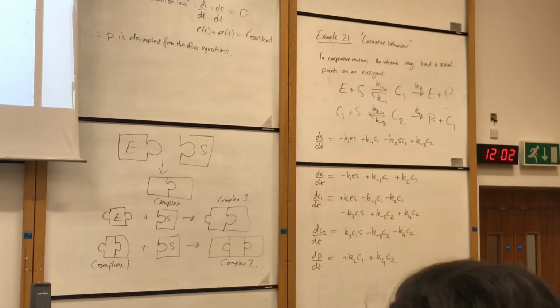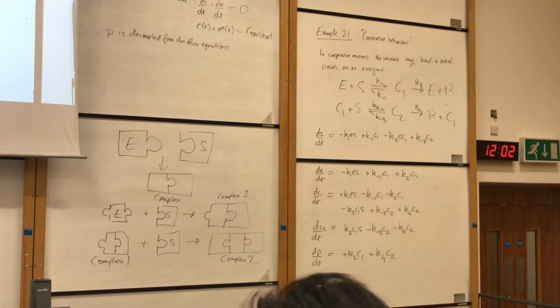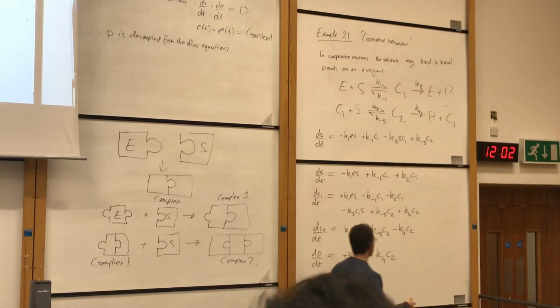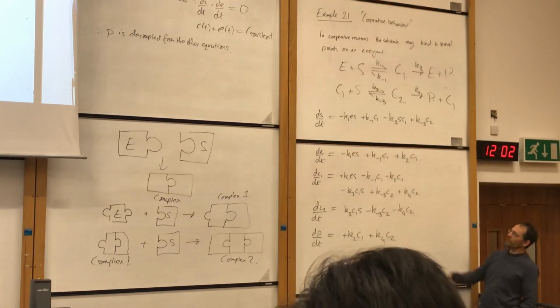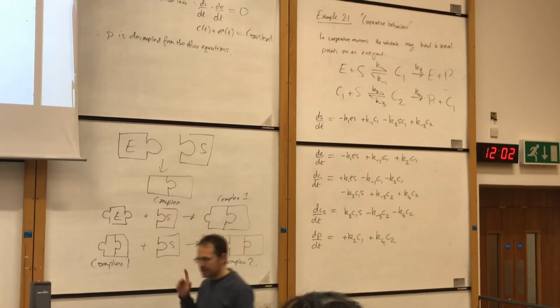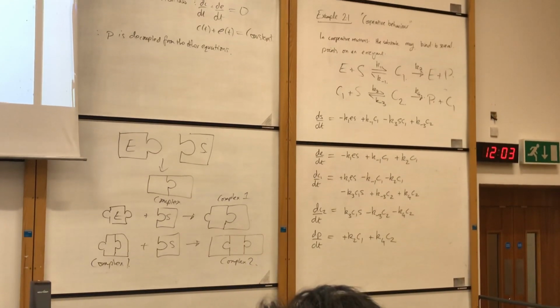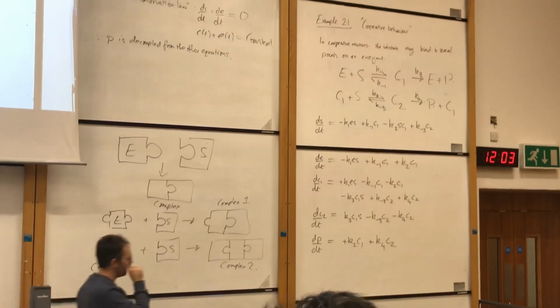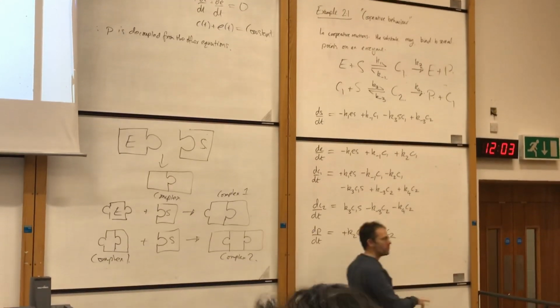Again, as I say, there are a lot more processes involved here, but it's still just the same basic law of mass action that we're using to write down these equations. Similarly to the previous case, this is a fifth order differential equation system, but you can still find conservation laws.